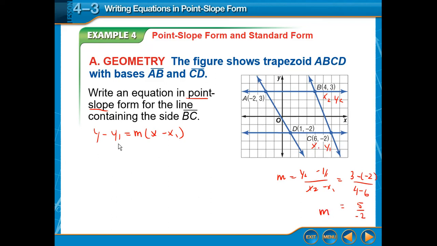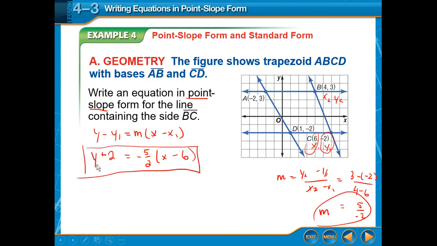So x1 is 6, y1 is negative 2, and m is negative 5 over 2. So y minus a negative 2 makes it plus 2 equals negative 5 over 2 times x minus 6. And that's it. That is now point-slope form.